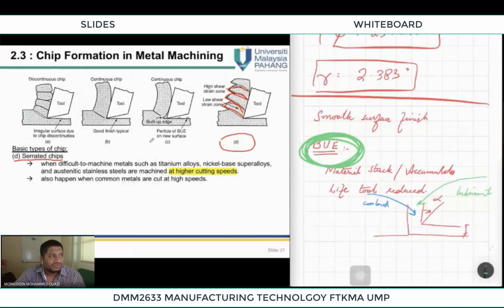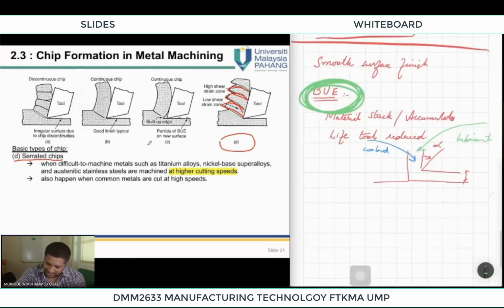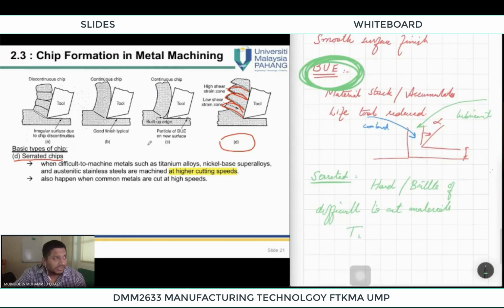When we use very hard, brittle, or difficult to cut materials like titanium or nickel based superalloy, then this kind of situation occurs.